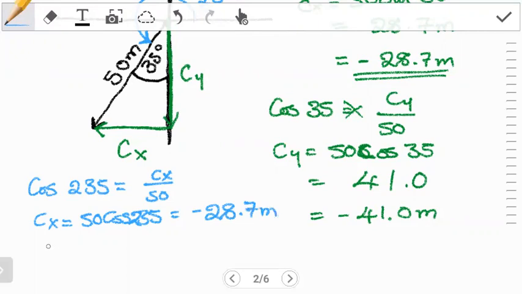In the same way, you can see that cy is going to be 50 sine 235. And if you work this one out again, sine 235 is going to be negative. Your answer comes out as negative 41.0 meters. So I hope you guys have seen how to use both methods here.